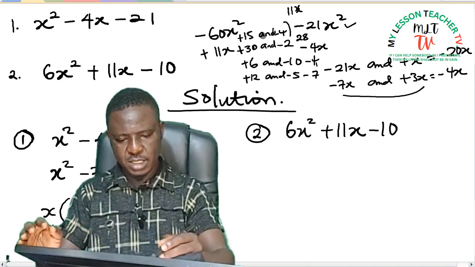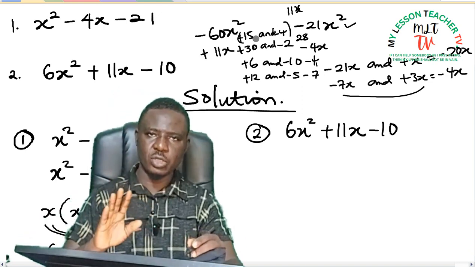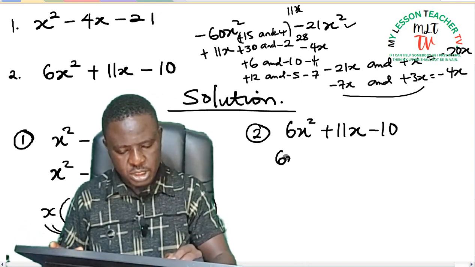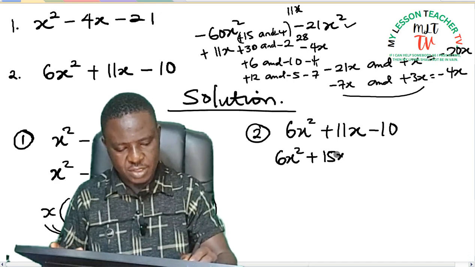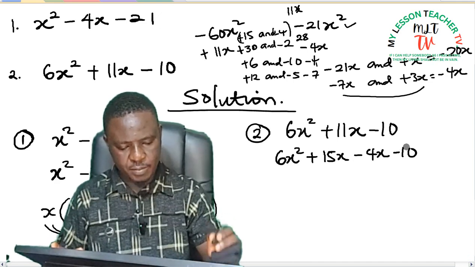So it is only the first pair that meets those two conditions. So we are going to substitute it for the middle term. This becomes 6x squared plus 15x minus 4x minus 10.